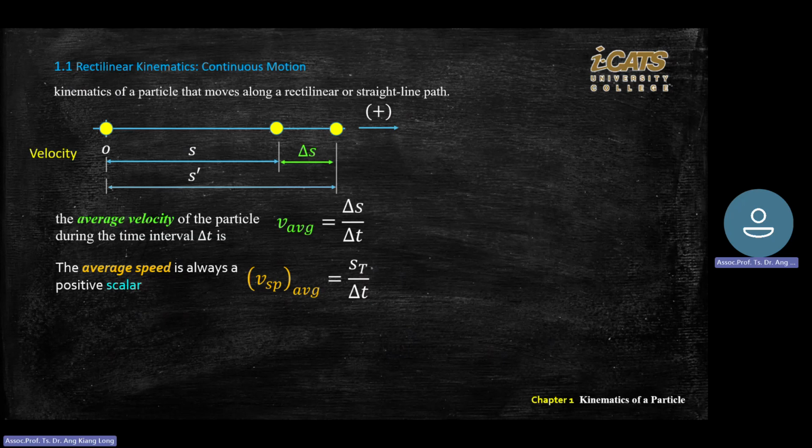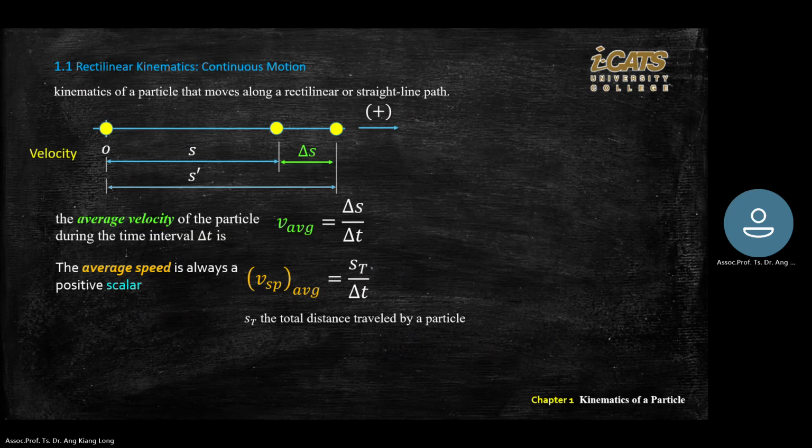For average velocity, you take the last position minus the initial position divided by time. In this module, you're always interested in the last position and the original position. So don't confuse it with total distance. We are not interested in the total distance you travel in dynamics. We want to know the position at the point of interest and the origin.